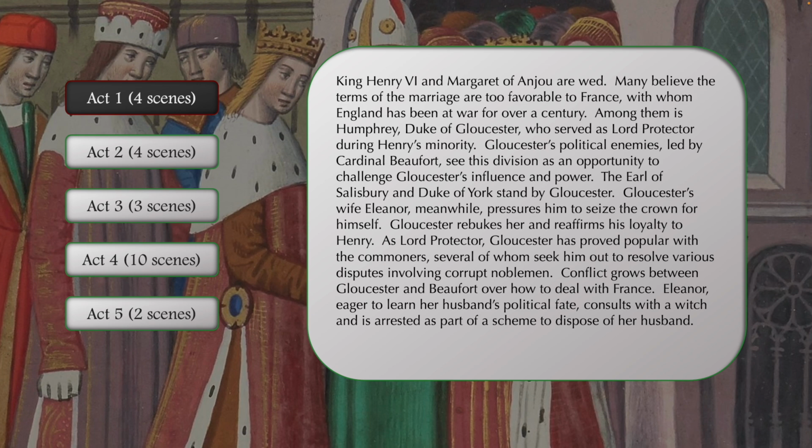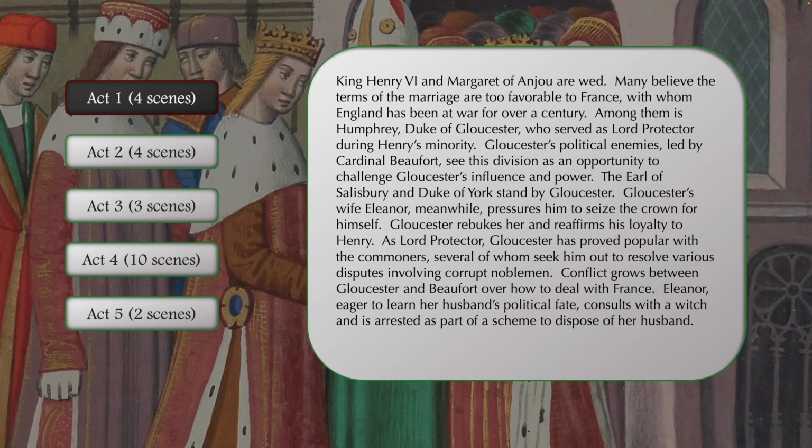He rebukes her pretty sternly, says, no, Henry is my king, and I'm going to serve him honorably. And Gloucester comes across in this play as sort of a shining star in a universe that's full of corruption and darkness.